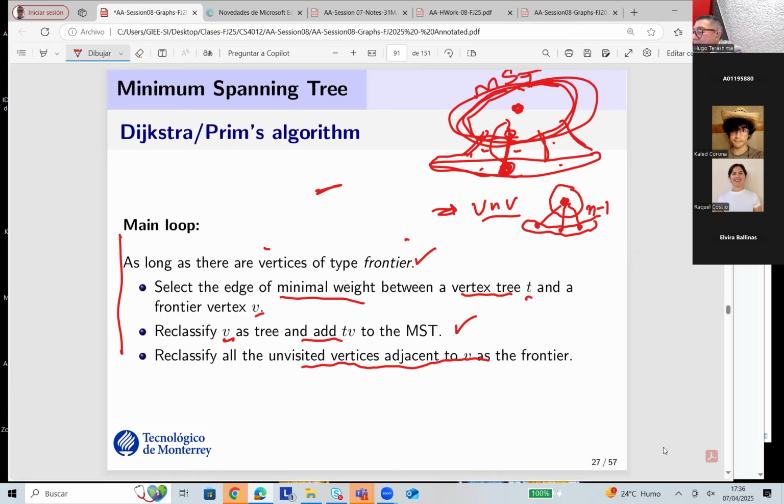and in the second step, I have this MST, and the frontiers, I have n minus 2 connections, because I have n minus 2 elements here.